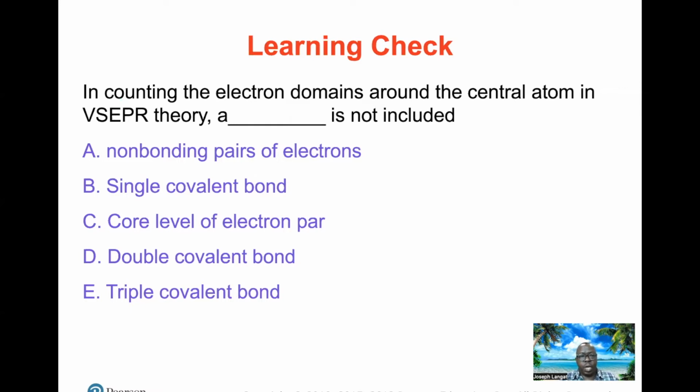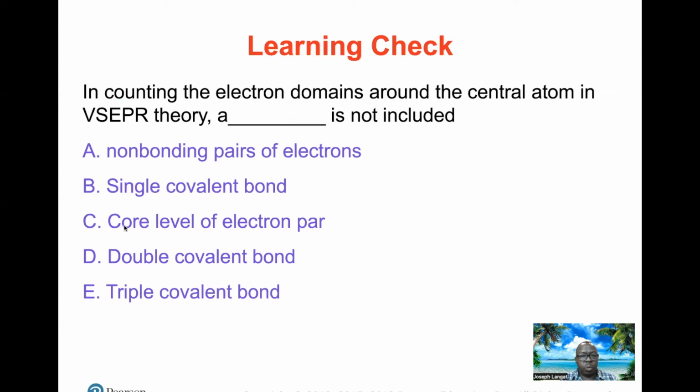We just went through that. A: non-bonding pairs of electrons on the central atom. Remember, the central atom we do include, so A we include. B: single covalent bond, we include. C: core electrons, we don't look at the core electrons.